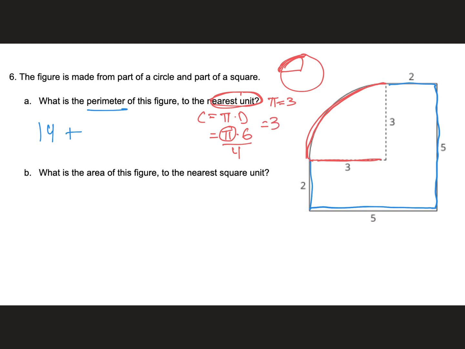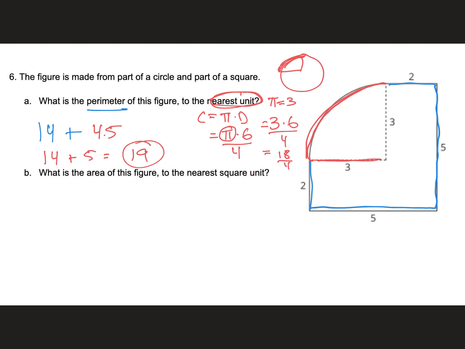Pi, which is 3, times 6 divided by 4. 3 times 6 is 18, divided by 4 is 4.5. So 14 plus 4.5. If I'm going to the nearest unit, I would just say 14 plus 5, so 19 would be my perimeter.